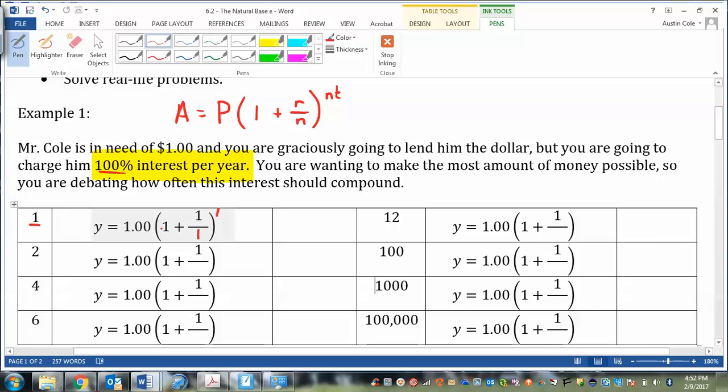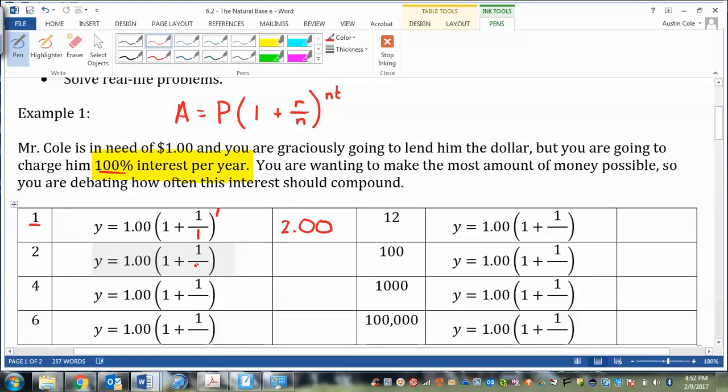I'm going to add 1 to it to get 2. I'm going to take 2 to the first power, which is 2, and then times my principal, which is $1, and this gets me $2. That means that if you compound 1 time, at the end of the year I will owe you back $2. So you're going to get the $1 back that you lent me, plus you're going to make $1. Not too bad for only giving me $1.